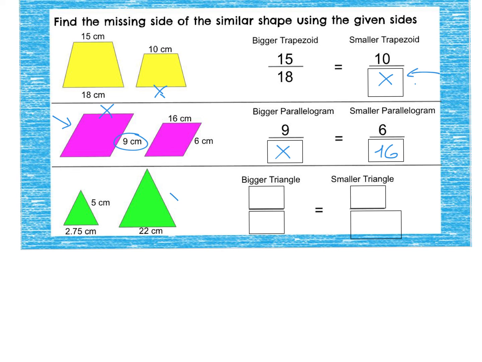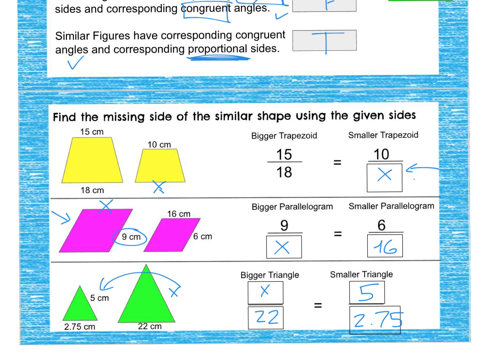This is going to be the place for the x. For the bigger triangle, we have x to 22, and corresponding with the x will be the 5 to 2.75. Cross multiply and tell me what the side length is.